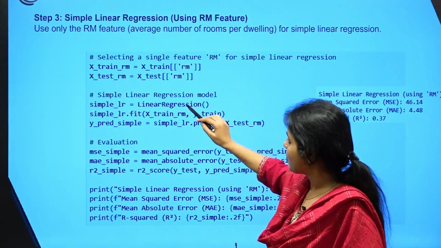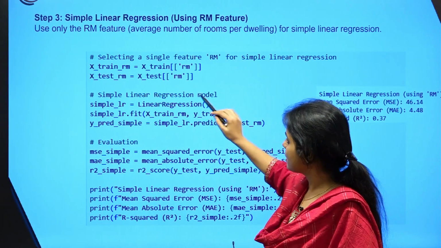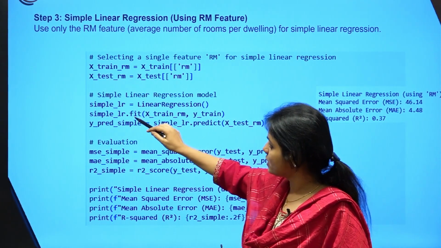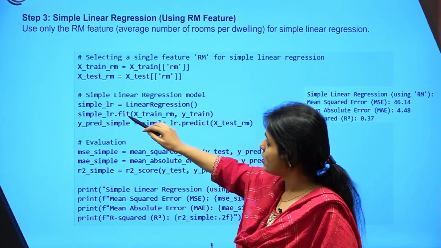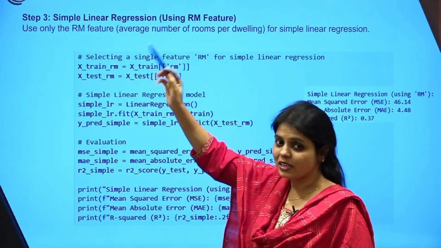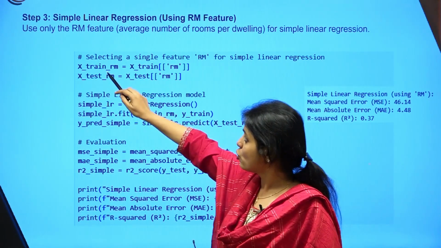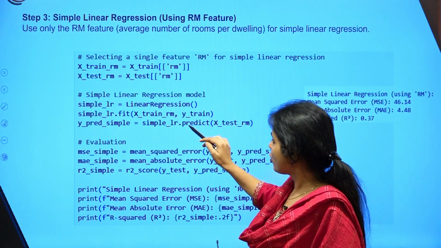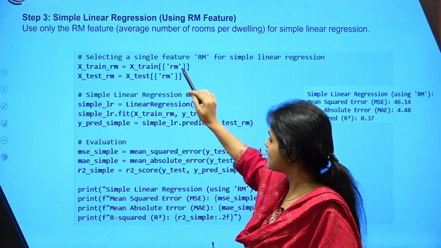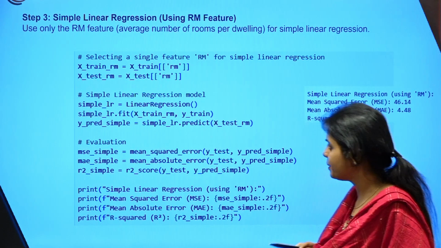After I take this, I'll develop a simple linear regression model. When fitting the model, first load the simple linear regression model, and instead of X train and y train that you would normally take, we have to use X_train_RM and y_train. Now I want to predict the results based on this RM value only.